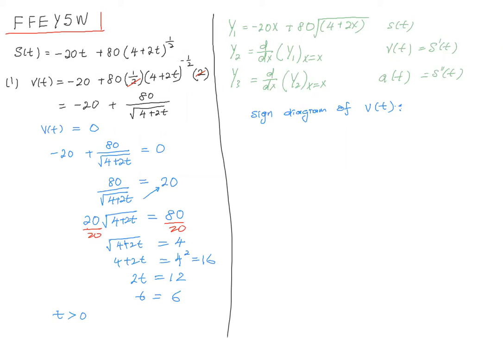Okay, Siti Haja. Yes, Miss. What should I do next? Draw the line. Okay, I understand what you mean. Draw the line. That is what I mean. What should I do next? Then after that? Mark the x-intercept, the t equals to 6.